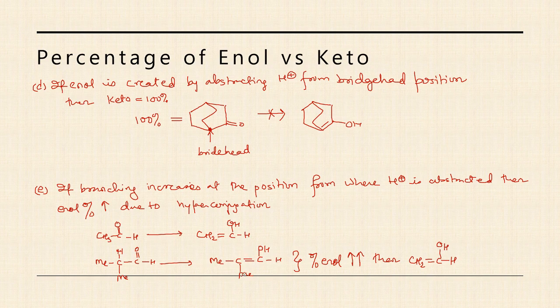There are 6 hyperconjugative forms, and there are 3 hyperconjugative forms. Therefore, the percentage of enol will increase. Okay.